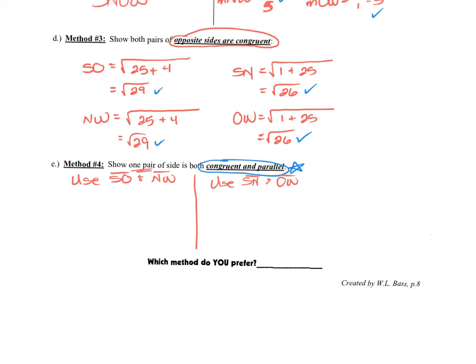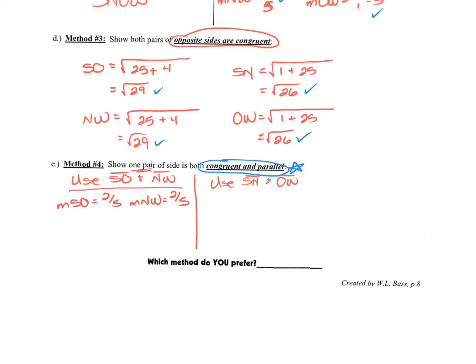But we can actually just pull our numbers from all the computations that we've done before. So let's say we're working with using SO and NW. So if we were doing that, what we would do is we would do the slope of SO, and we've already calculated that up above, so we can write it 2/5. And we would do the slope of NW, and we also have calculated that from up above.